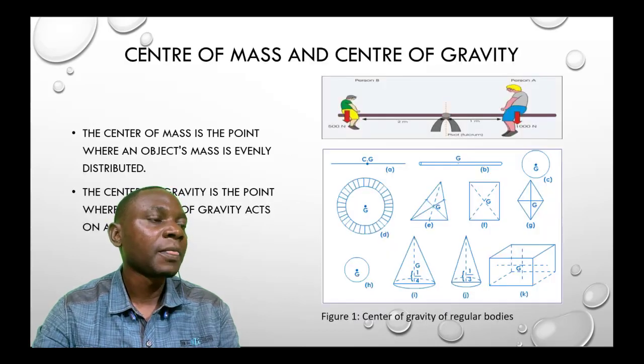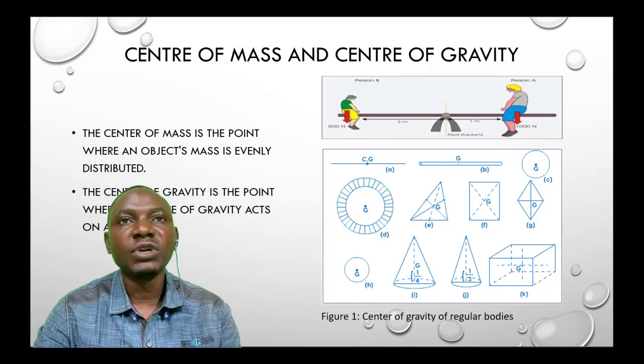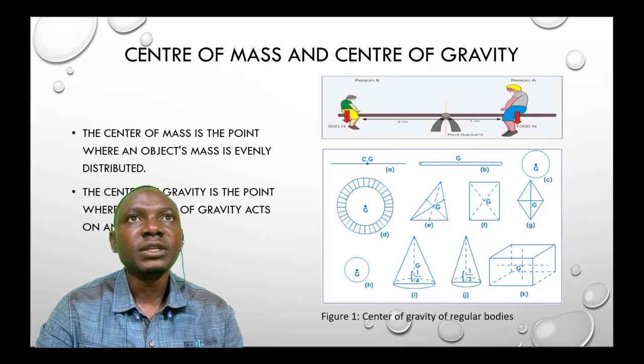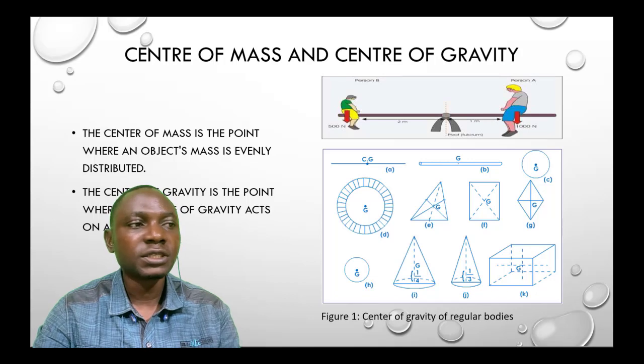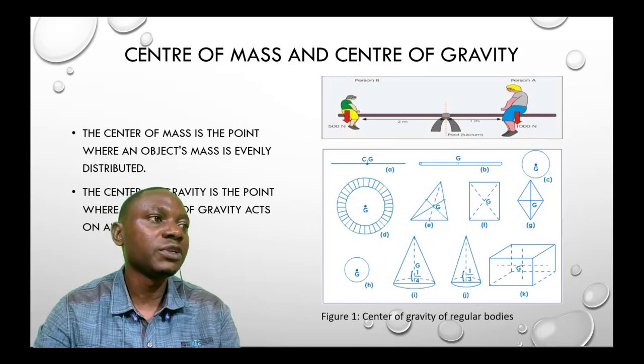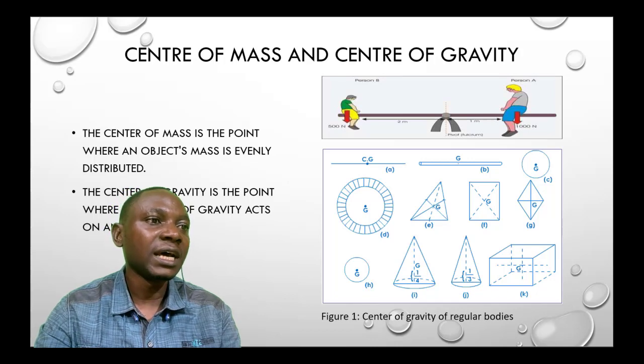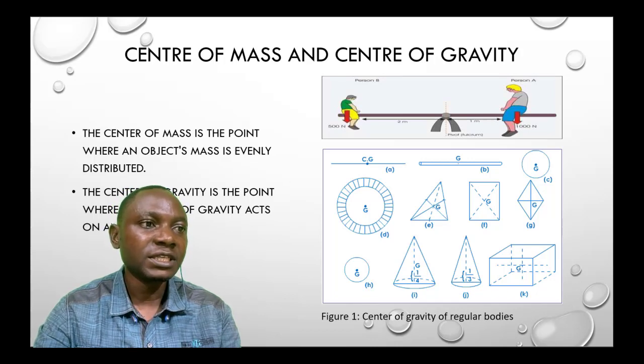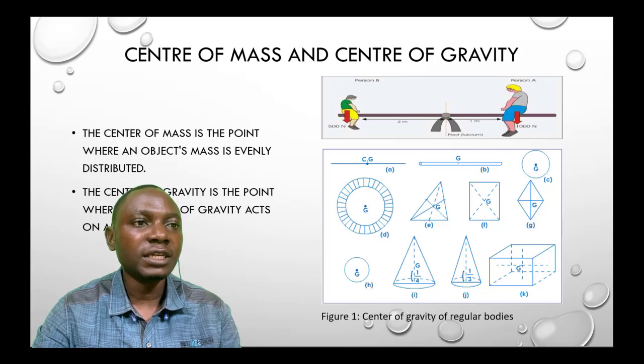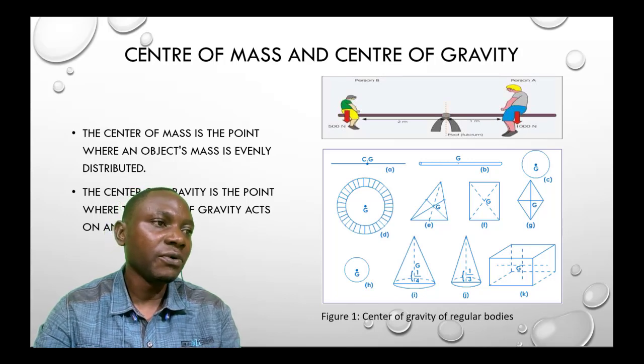All right. In order for us to understand very well the concept of movement of a body, there is need for us to understand what center of mass is and what center of gravity is. There is need for us to have an in-depth understanding of it.